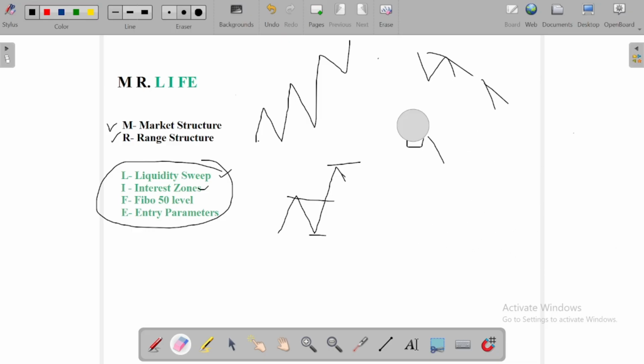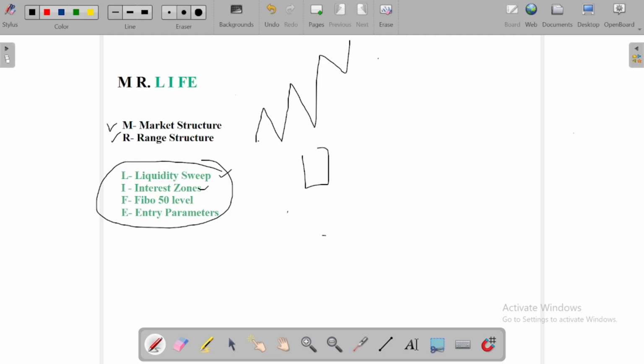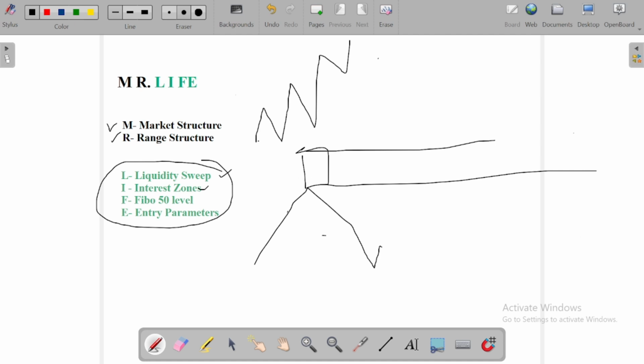So what of entry parameters? Our entry parameters is change of character at lower time frame. For example, this is an order block in higher time frame, or engulfing or imbalance that we identify on higher time frame. This is it. So the price has come here, but on lower time frame is now doing something like this, coming to upper direction, getting to this level.